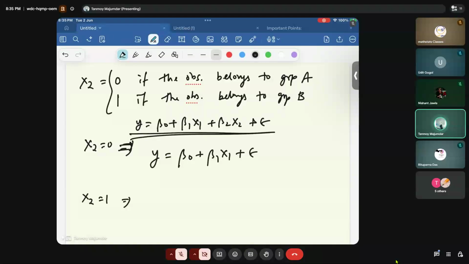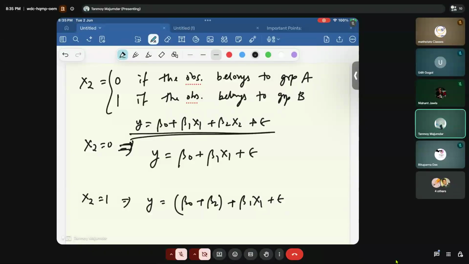For x2 equals 1, we will be using a different model, and what will be the model? Beta naught plus beta 2 plus beta 1 x1 plus epsilon. So basically here we are using two different models for two different groups. That is the way we should approach an indicator variable.